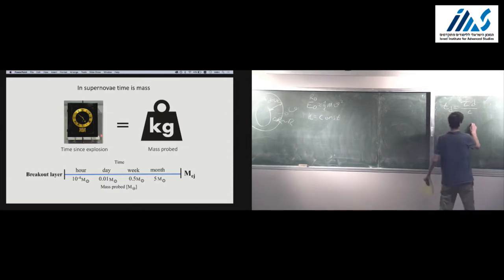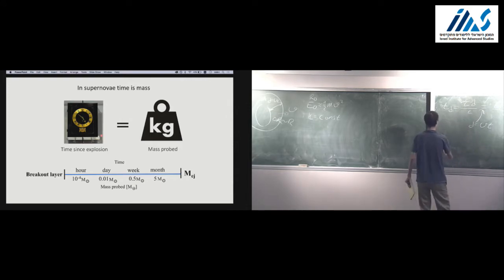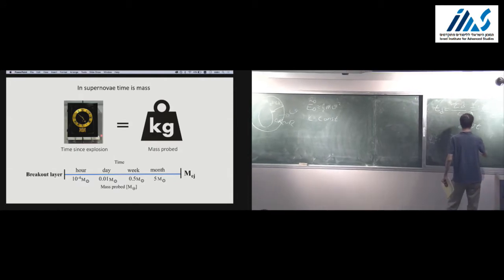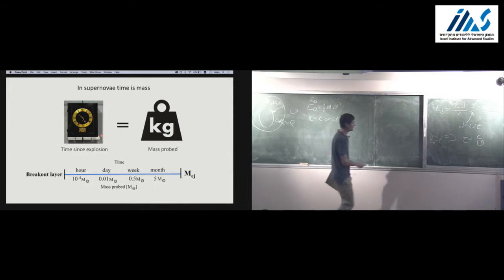Now d, as we wrote over there, is vt. So we have here tau vt divided by c. Now we want diffusion time to be the dynamical time, and we get from here tau equals c over v. That's it. So let's see what is the time when we get tau equals c over v in this problem.